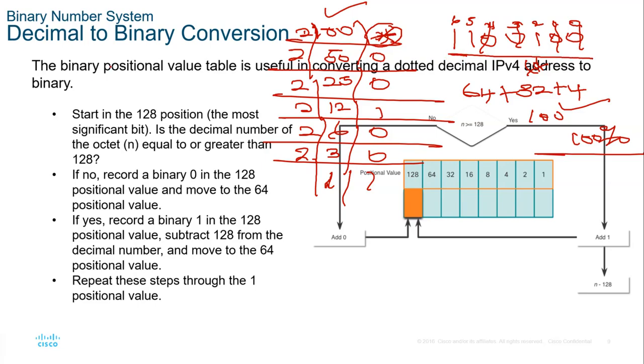If I have 100, because we know the position values, the position values are 128, then 64, 32, 16, 8, 4, 2, then 1.